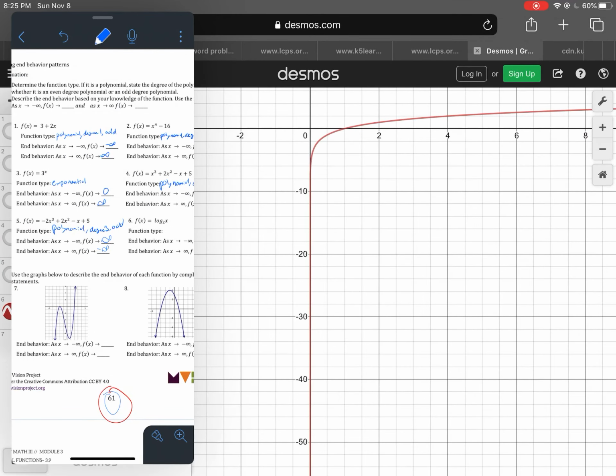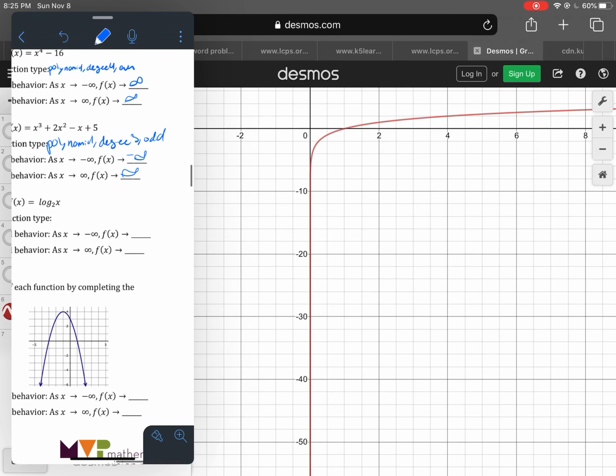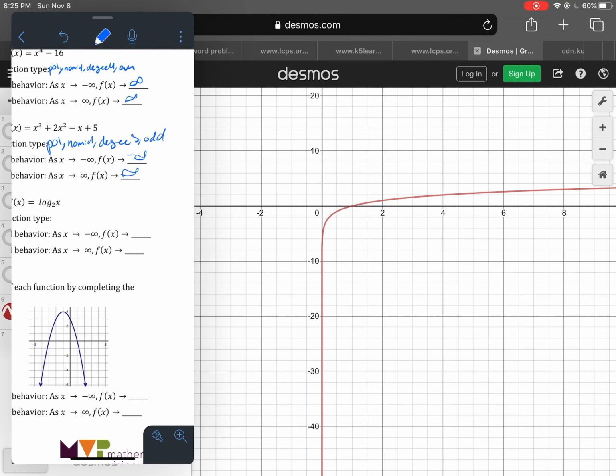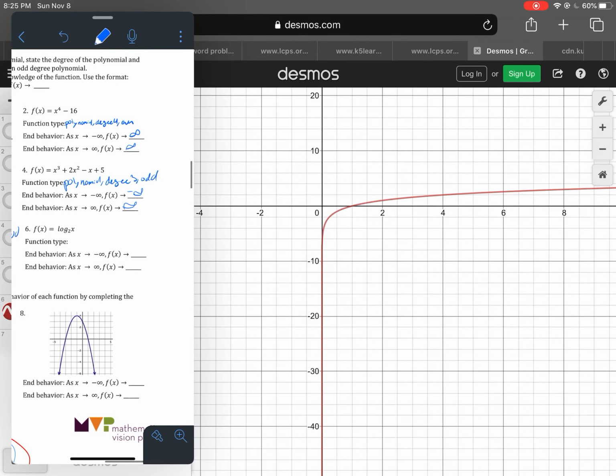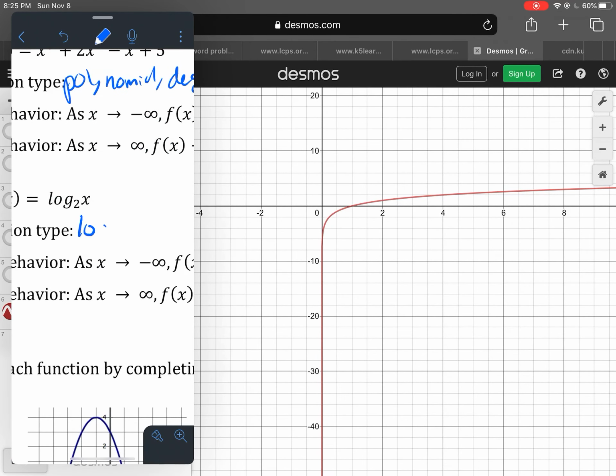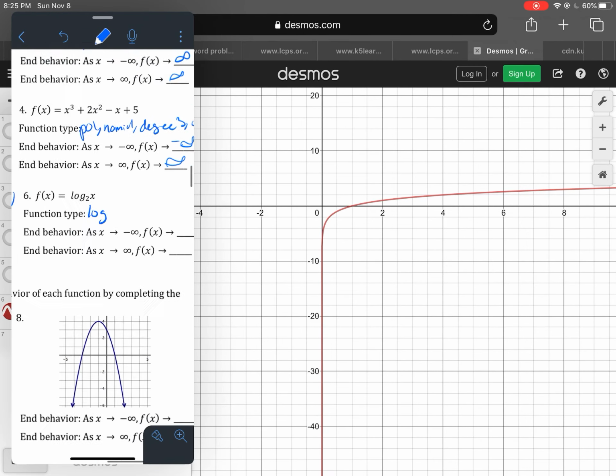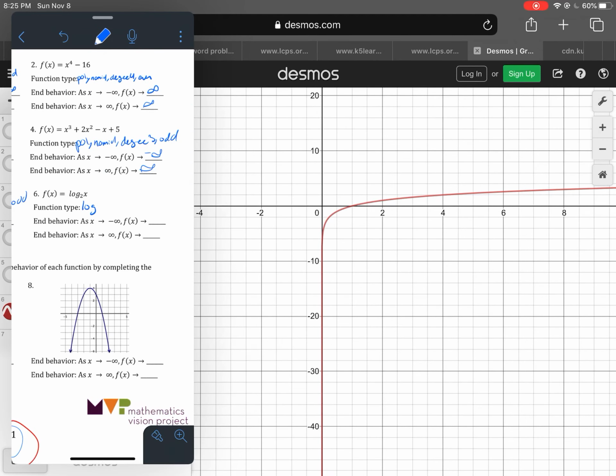So what happens here? So as x approaches negative infinity, well, guess what here? I guess we should say first off that we have a logarithmic function here. When we're looking at this graph, what happens as x approaches negative infinity? Well, it can't.